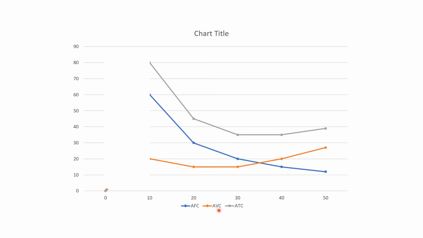Okay, the average total cost is a combination of the fixed cost and the variable cost. When you add these two together, you get this one. For instance, here, if you take the 20 and you add it to the 60, you will get 80 up here. So this curve is a combination of the fixed cost and the variable cost.